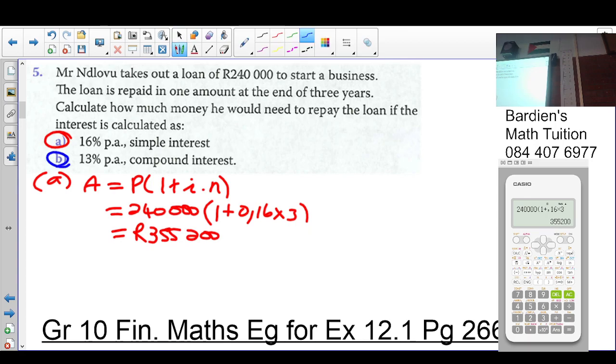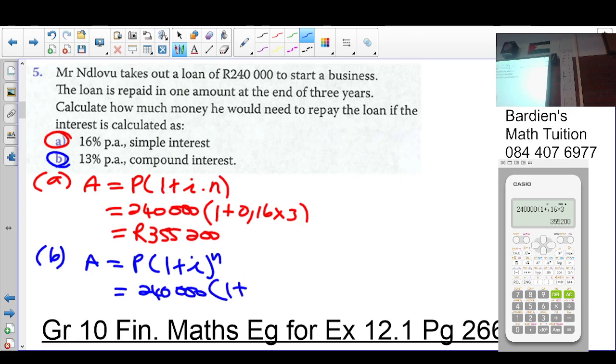B is the compound interest. So A is equal to P into 1 plus i to the exponent n. Your P value is 240,000 Rand into 1 plus i, which is 0.13, to the exponent 3 years.